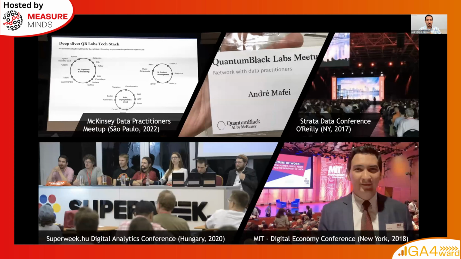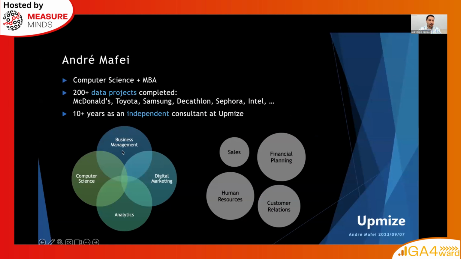So that's kind of the summary of that 8 years journey, right? I've attended many different conferences in different countries, basically trying to put these different areas of knowledge together. So that's my expertise.